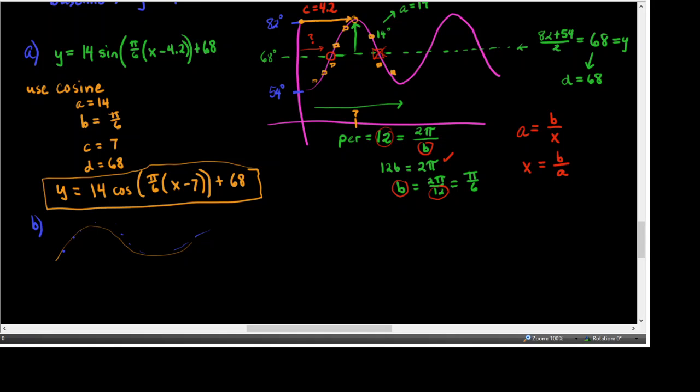You could use this equation. Or if you wanted to guess, well, what's the temperature going to be around the middle of May? Well, that would be 5.5, because May is month 5, and 5.5 would be halfway between May and June. So you could use this equation to make a guess.